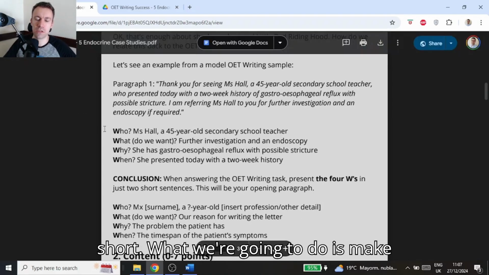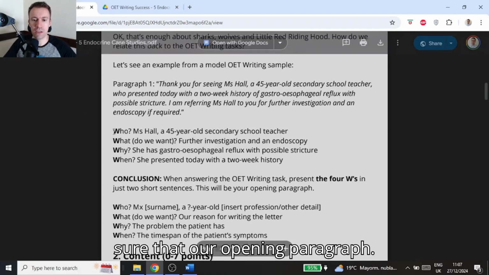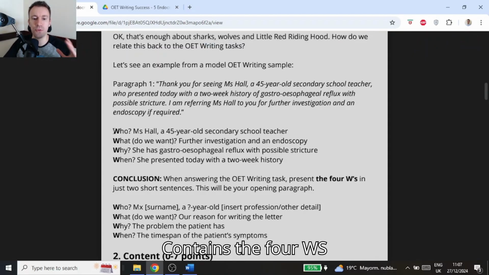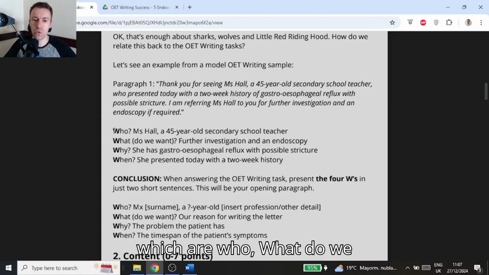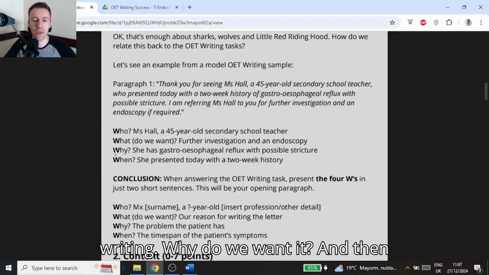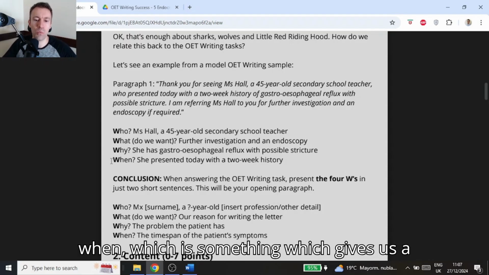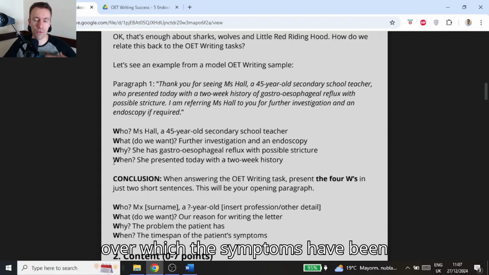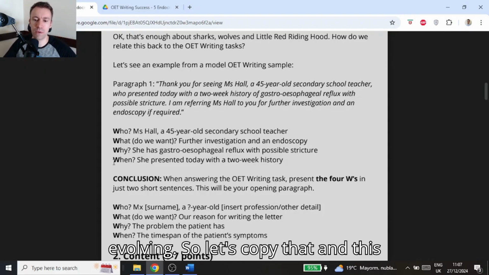But in short, what we're going to do is make sure that our opening paragraph contains the 4 W's, which are who, what do we want from the person to whom we're writing, why do we want it, and then when, which is something which gives us a sense of the time element over which the symptoms have been evolving.